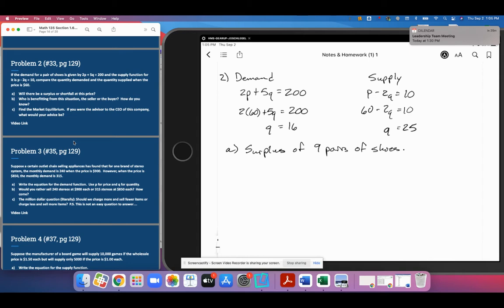And so again, for part B, the buyer is benefiting because there are more pairs of shoes than they need available. Because there are extra shoes in stock that will not sell and eventually go on sale.